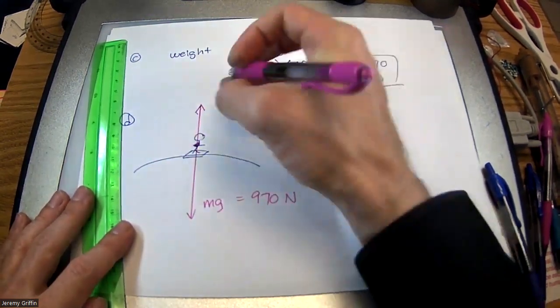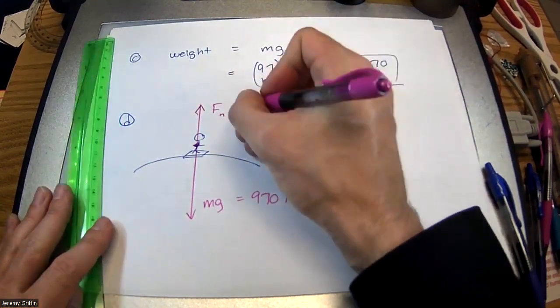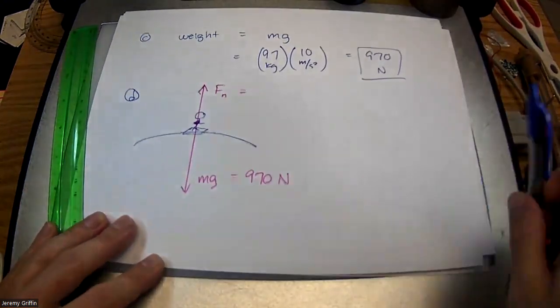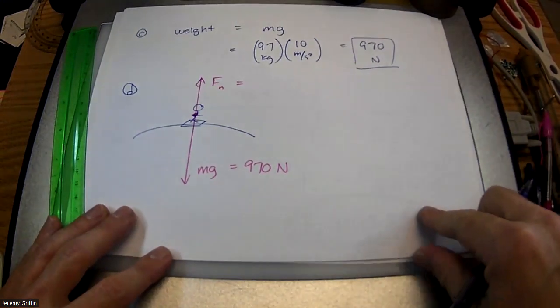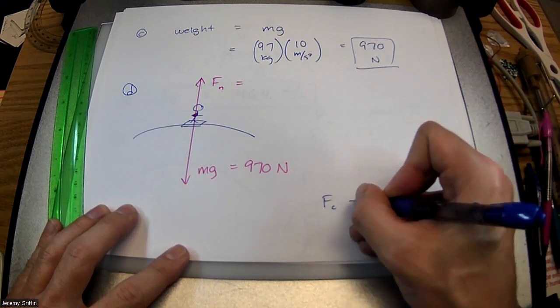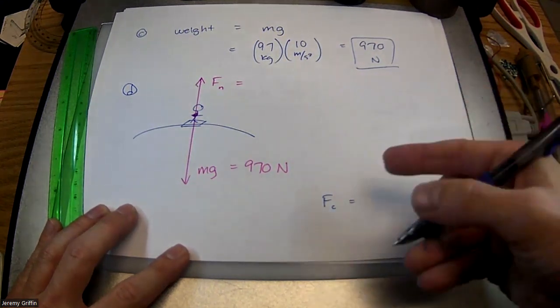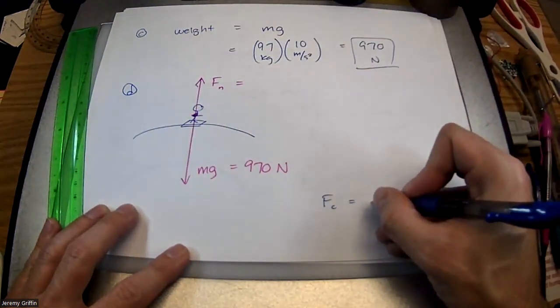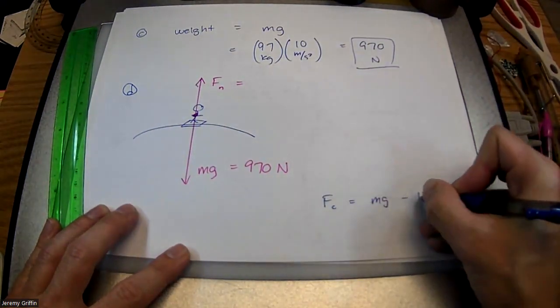So I've drawn this greatly exaggerated. But the difference between these two would have to be the net force, which is the centripetal force. So let me make a little expression down here. So centripetal force equals the sum of forces, which is that minus that, because they're opposite directions, right? So your weight minus your normal force.